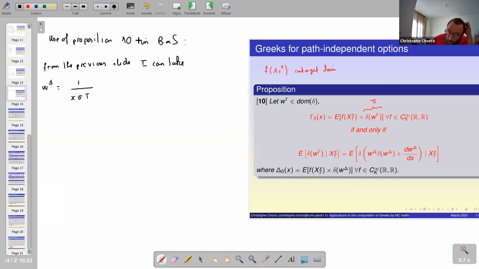So now let's compute this expression here.